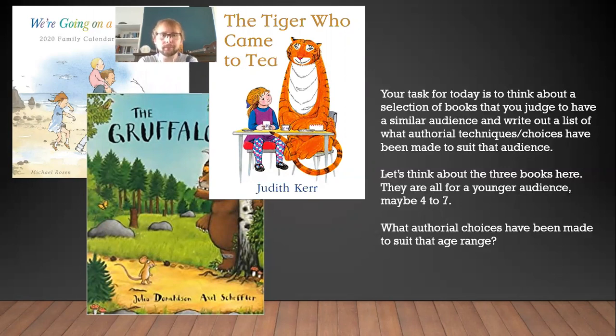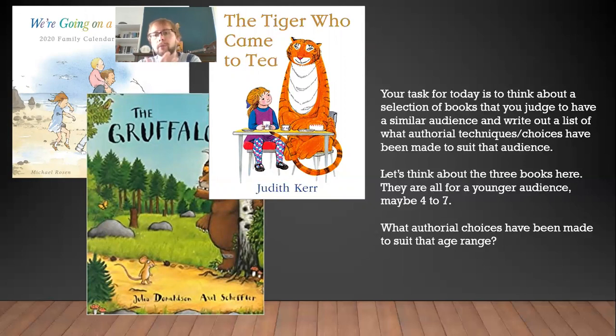But what I'd like you to do, I'd like you to think about 2, it can just be 2 this time, 2 or 3 books that you know quite well, different ones to the ones you did yesterday, ideally. And I want you to think about what choices has the author made that make those books suit the audience, make those books appealing to the audience.